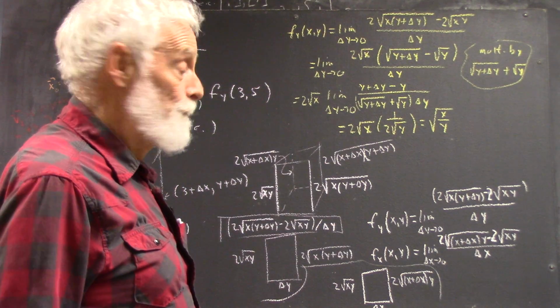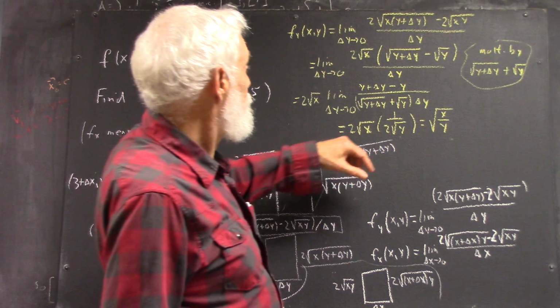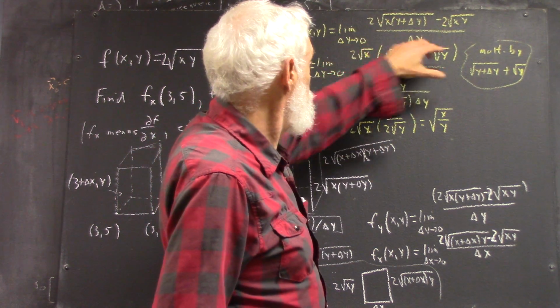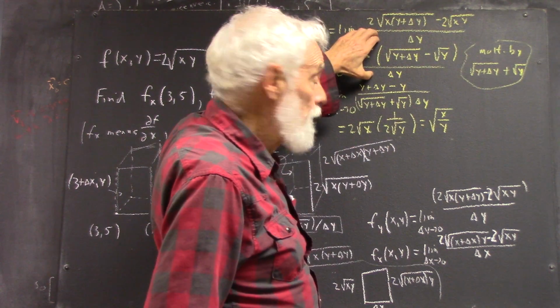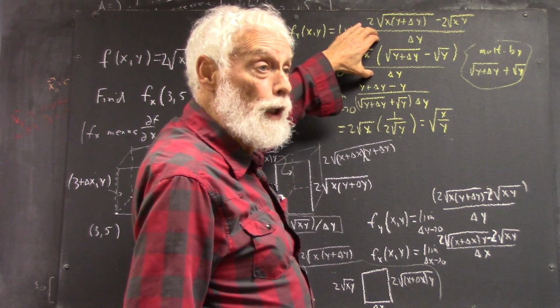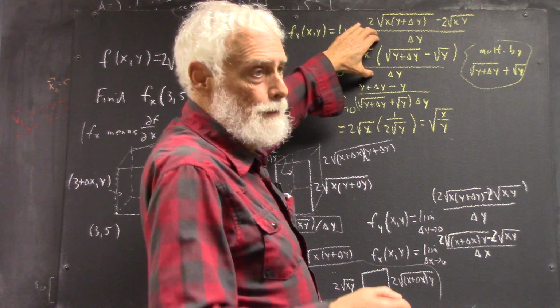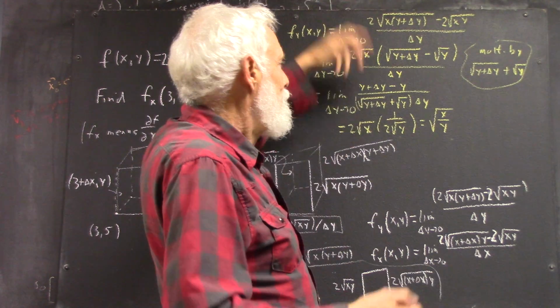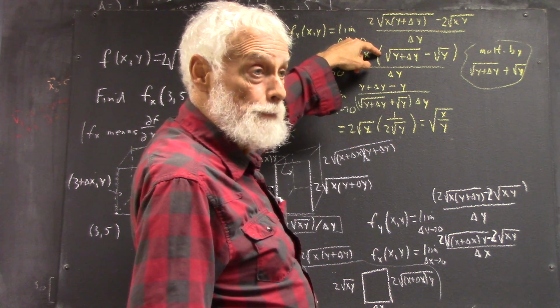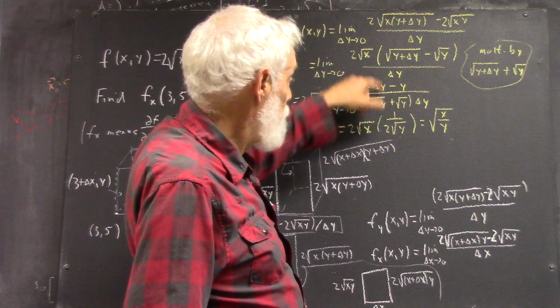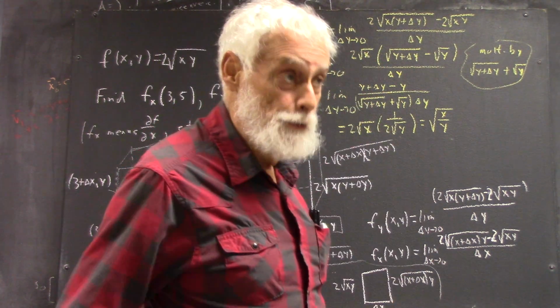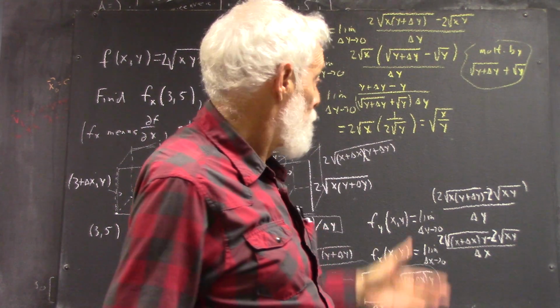Make sense? Again, we see that when we factor out the 2 square root of x, we're left with this expression that is the derivative of the square root of y with respect to y, okay? When we take the limit. And then we did that just like we did in first year calculus, okay? And we get this.